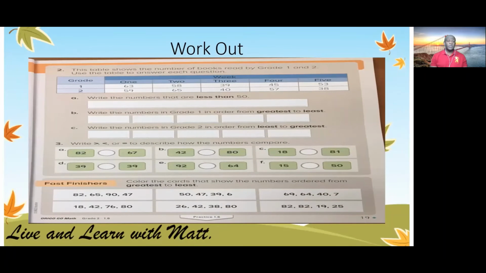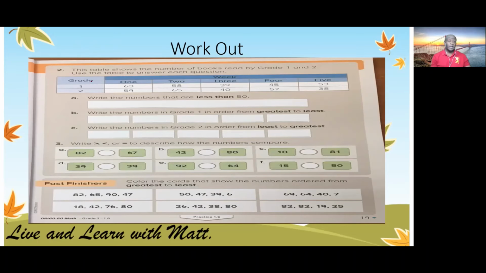Number 2. This table shows the number of books read by grade 1 and grade 2. Use the table to answer each question. For grade 1, we have week 1, week 2, week 3, week 4, and week 5.